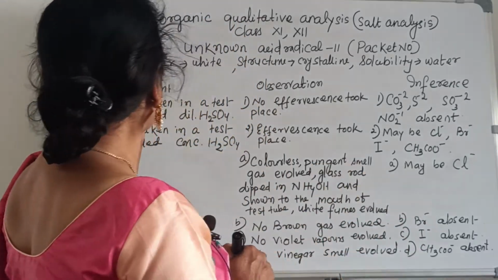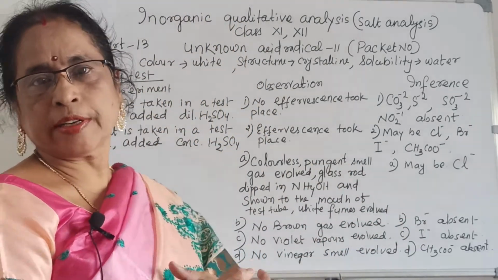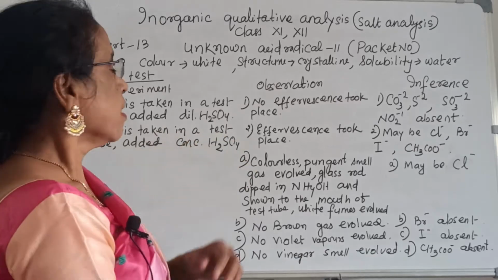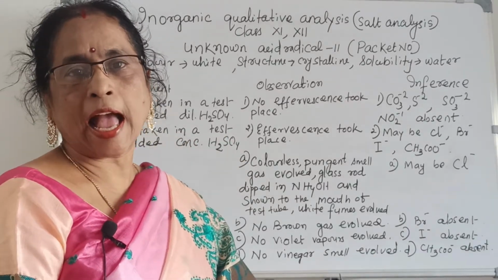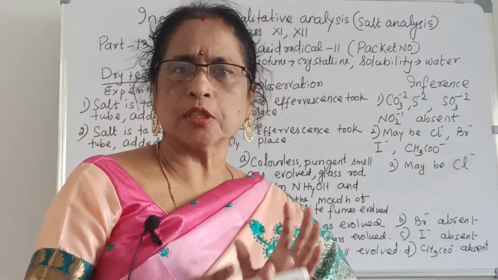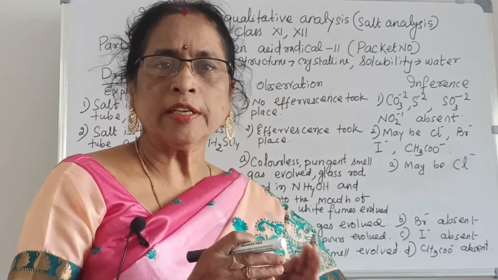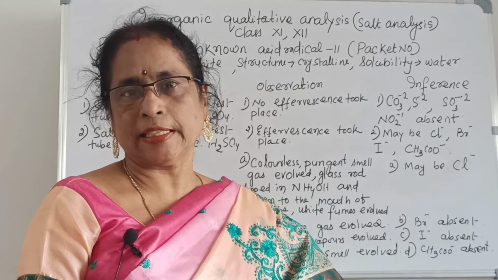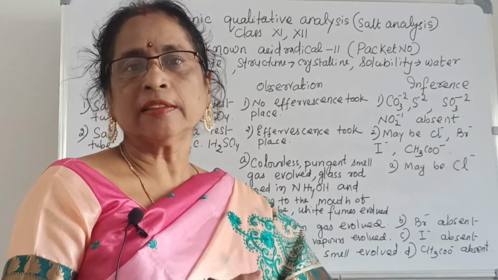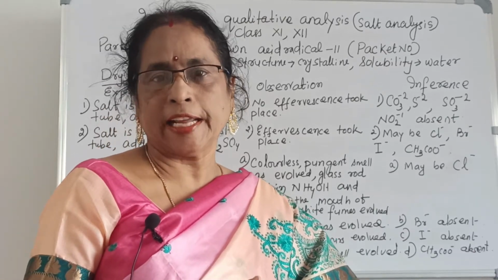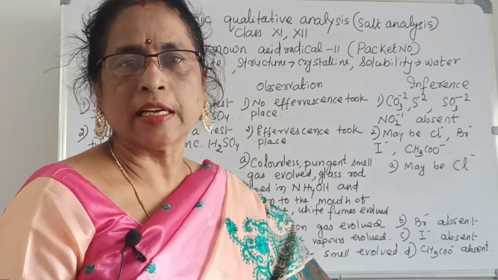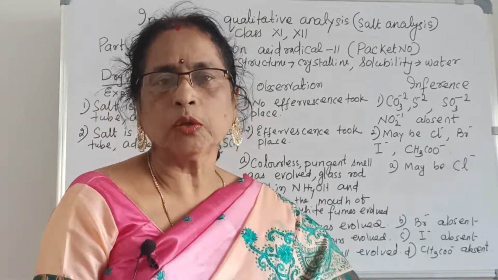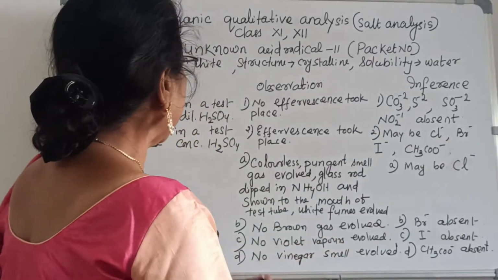Now I started the dry test. The first is the dilute sulfuric acid test. The salt is taken in a test tube and dilute sulfuric acid is added. This is the group 1 test. In group 1 acid radicals we add dilute sulfuric acid. Then what happens?